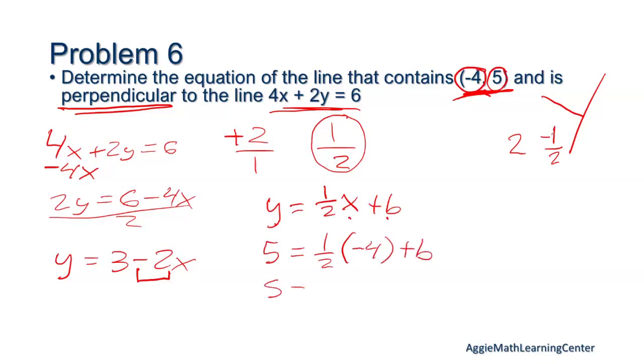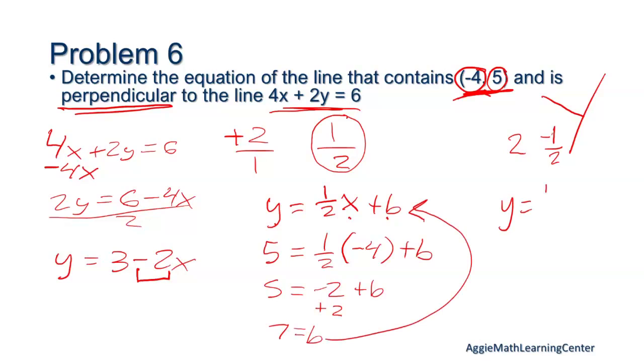So 5 equals -2 plus b. You add the 2 over, you get 7 equals b. Okay. So then we can put this back. So we get y equals 1/2 x plus 7. Does that way kind of make sense? Yeah, it does. Okay.